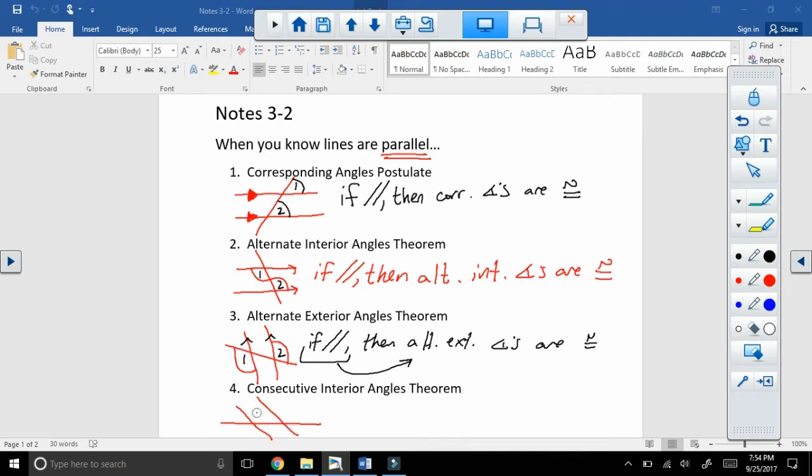Because when I have consecutive interior angles, like those two there, hopefully you can tell that if these lines are parallel, those two are not going to be the same angle measure because I have one that's obtuse and one that's acute. However, what they are is supplementary. So if the lines are parallel, then the consecutive interior angles are supplementary.